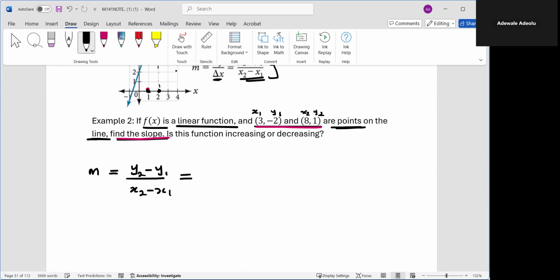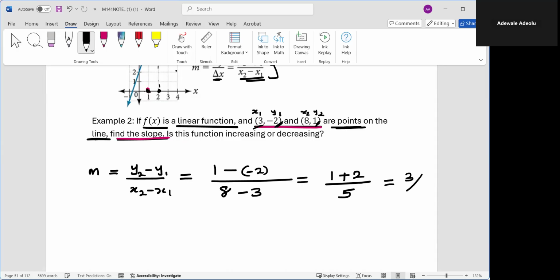So the change in y: y2 is 1, this is y2, 1 minus y1, which is -2. I will carefully write it like that, divided by x2, which is 8, minus x1, which is 3. So that is 1 plus 2 divided by 5. And the answer here is 3 over 5. So m is 3 over 5.